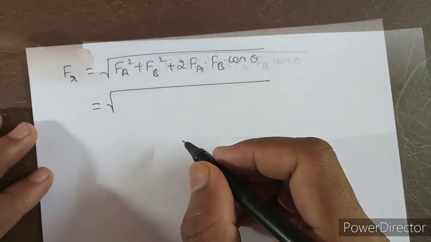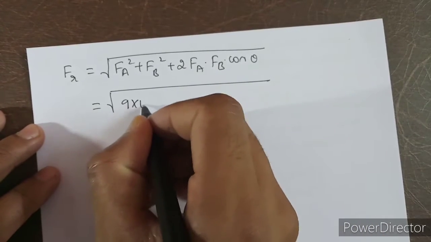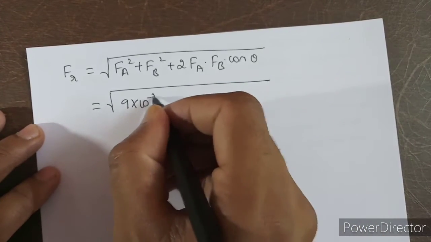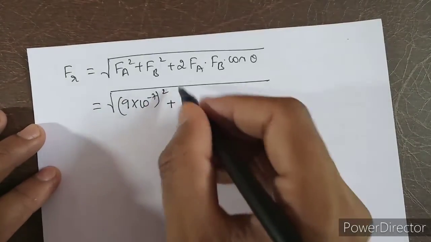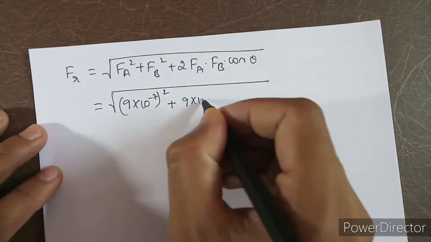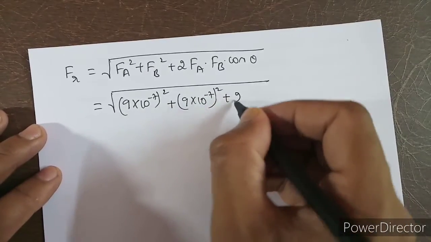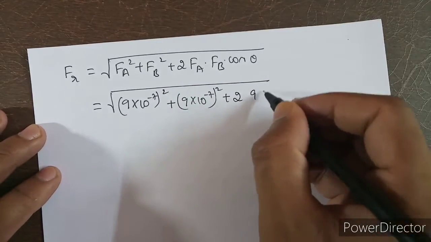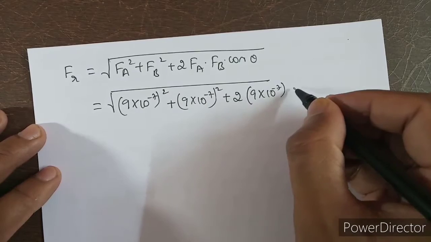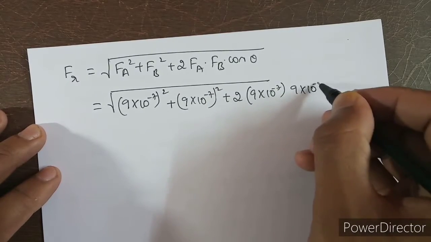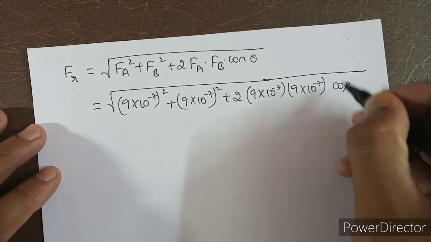Here Fa is 9 into 10 to the power minus 7 Newton whole square, plus Fb, which is the same, 9 into 10 to the power minus 7 whole square, plus 2 Fa, 9 into 10 to the power minus 7, into Fb, 9 into 10 to the power minus 7, into cos theta.